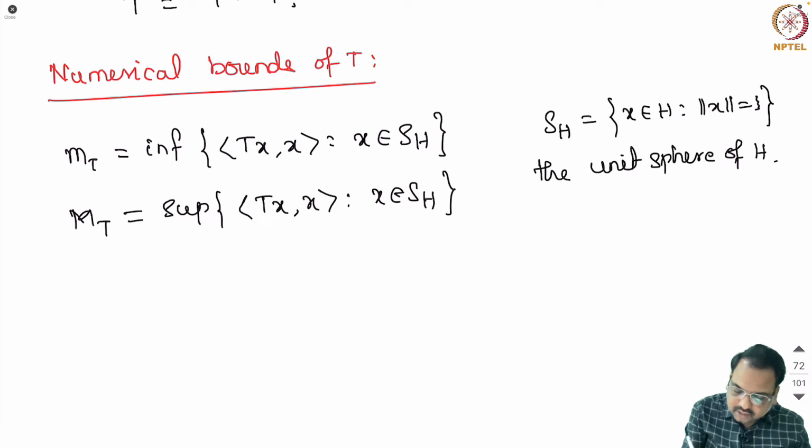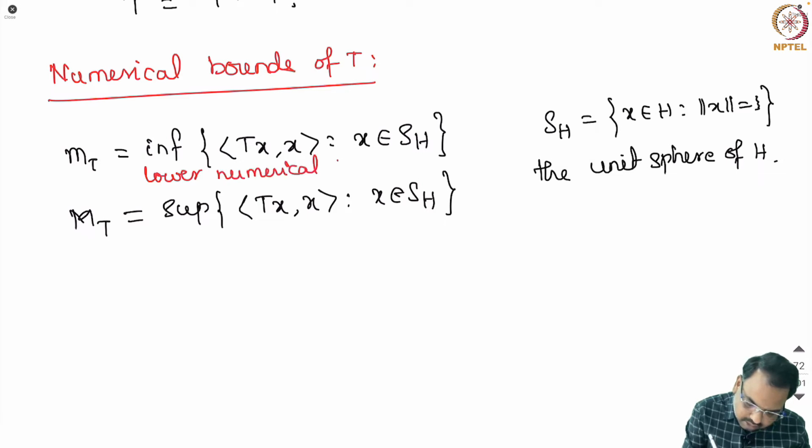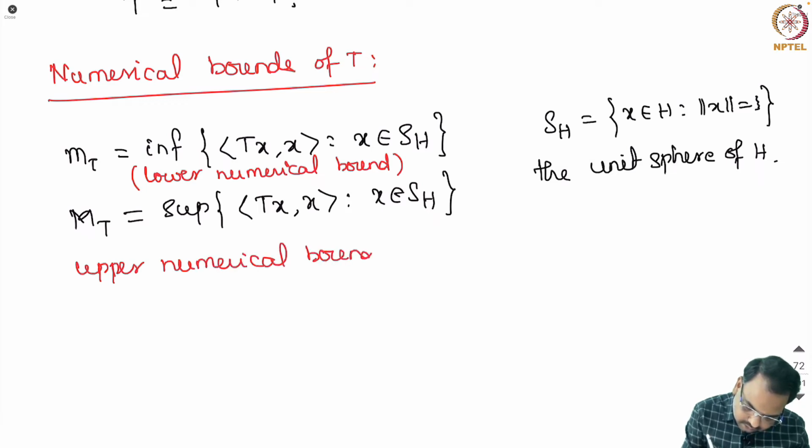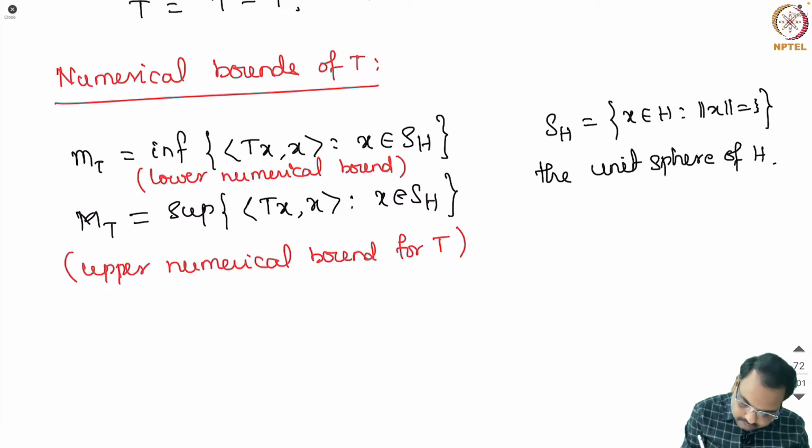The first one we call the lower numerical bound for T, and the second one is called the upper numerical bound for T. This we have already discussed.